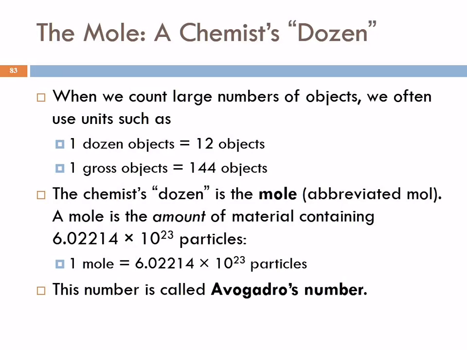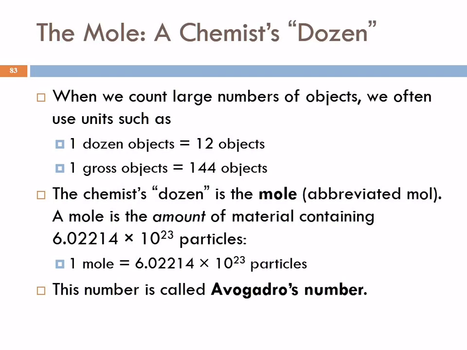Dozen means 12 things. A gross is a dozen dozen, so it's 144 objects. Usually these are smaller things, like a gross of vials. But if you're a big organization, you might buy a gross of pencils at a time, 144 pencils.